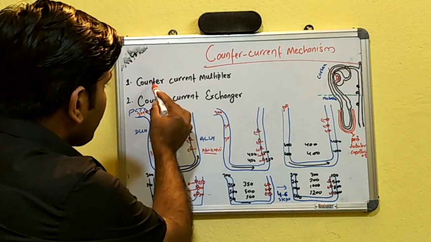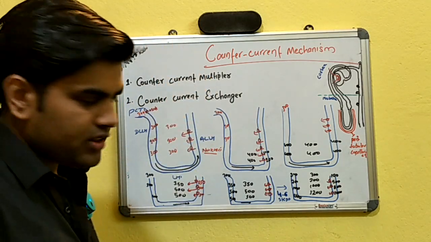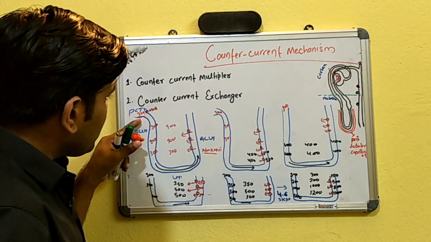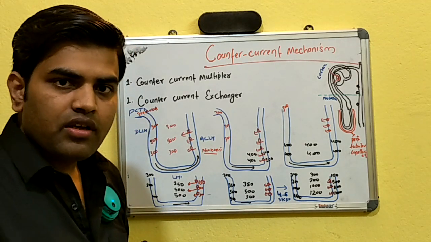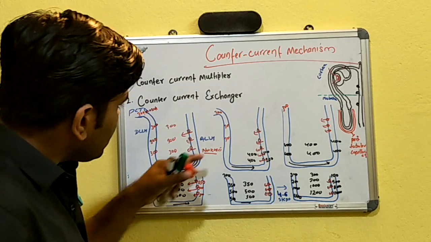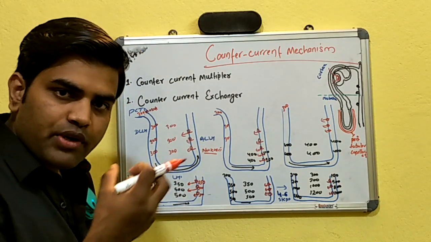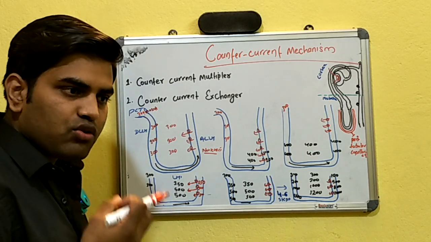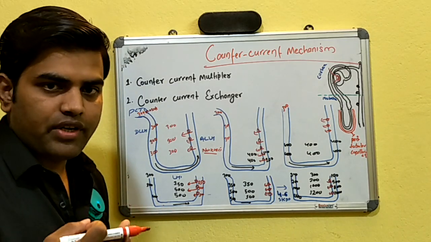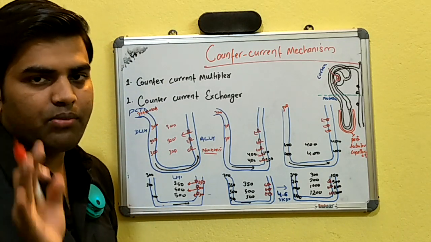So how will this countercurrent multiplier work? See, you have 300 milliosmol, but when you pass the urine, in every place sodium and chloride, the solute component, is absorbed from the urine. So your urine is getting more and more diluted, more and more hypotonic. That you have to understand.